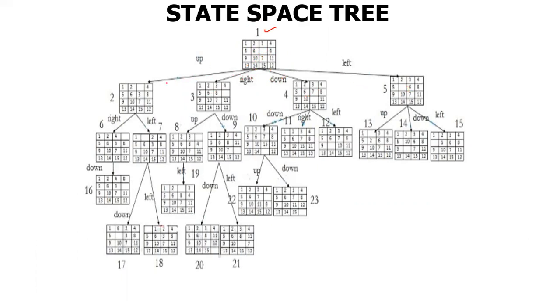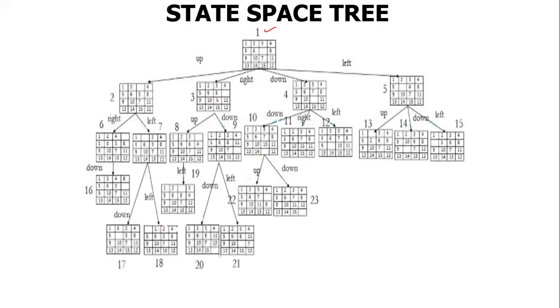So here, whenever a tile is moved, the empty space is moved towards up, so the 3 comes down. So this is the next state when the empty space is moved up. When the empty space is moved towards right, the 8 comes here. In the same way towards down, the 7 comes here, and towards left, the 6 comes here, and the empty space moves to the left of the existing position.